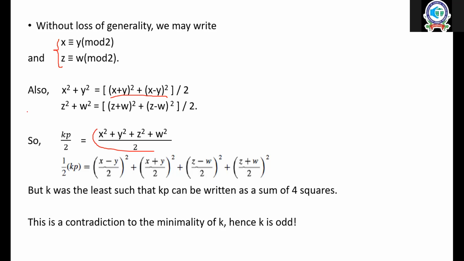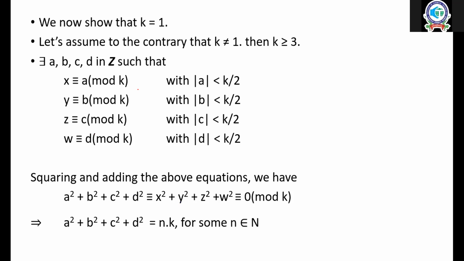When k is even, recall something from earlier, this type of thing which we have done. Yeah, it's a contradiction to minimality, because then k by 2 is such an integer. So we have found a smaller integer for which p can be written as a sum of squares. Right. Thank you. So done.